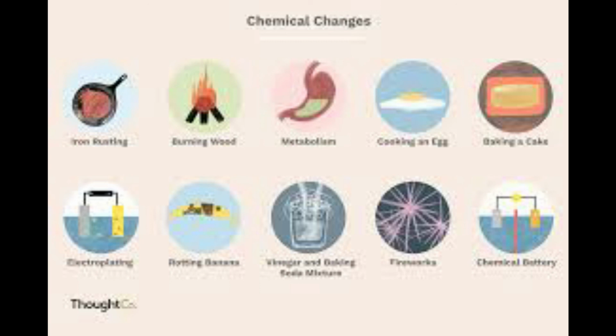The burning of paper is a chemical change. Chemical changes are permanent changes which are usually irreversible. Burning of paper is a permanent change which cannot be reversed. So this is how you can make the difference between a physical change and a chemical change.